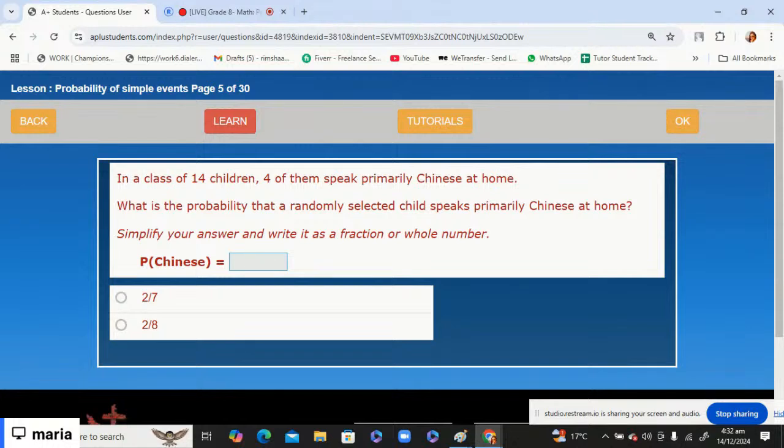Now you guys tell me. Think about it and then tell me the answer. Just put the total number in the denominator and the one of interest, Chinese, on top.